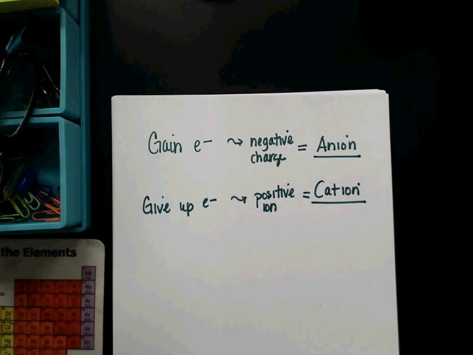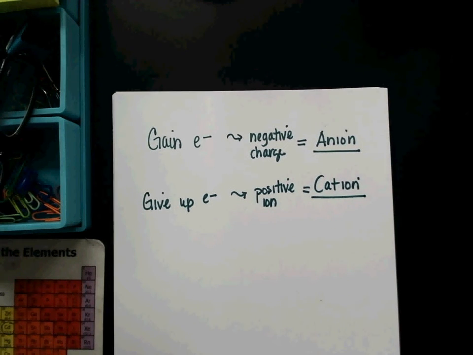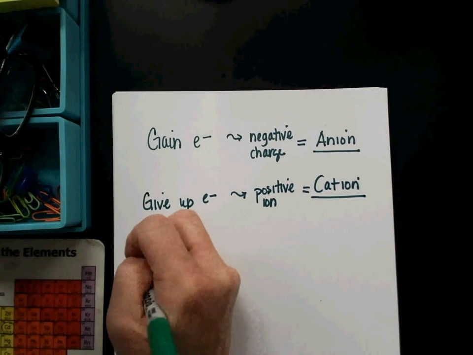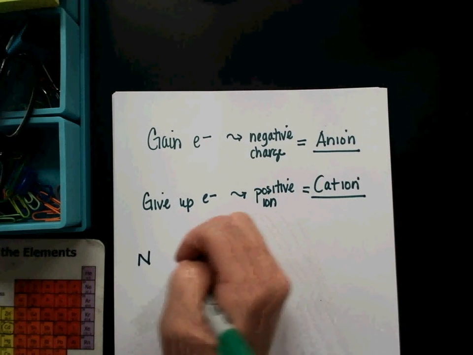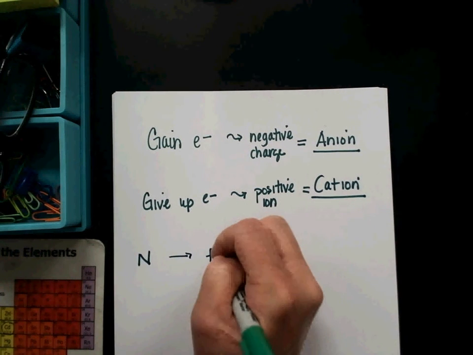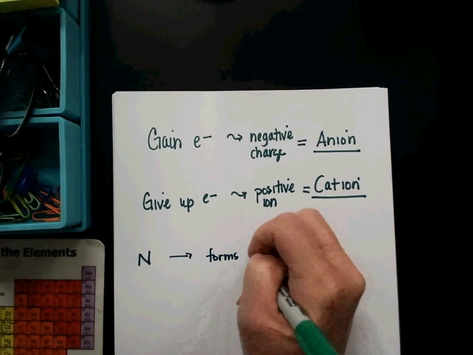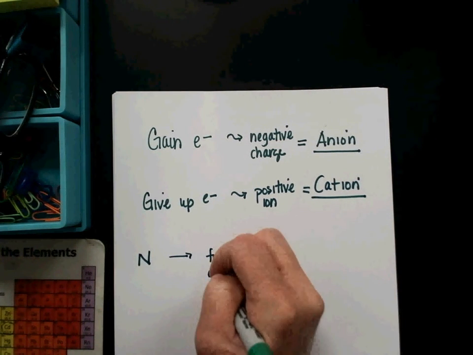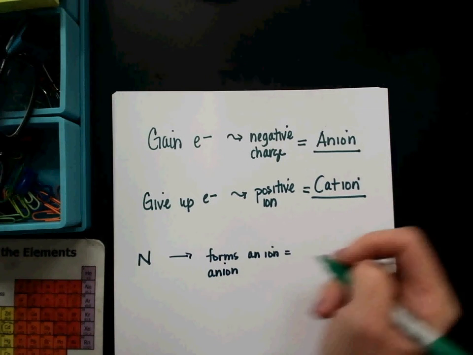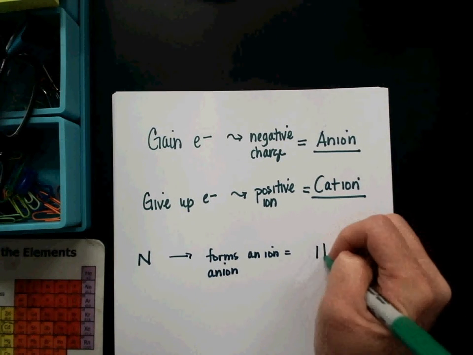All right, so we've got anions, we've got cations. Let's look at what happens. Let's start with, I'm going to tell you this is neutral nitrogen. And when nitrogen forms an ion, it will be an anion.